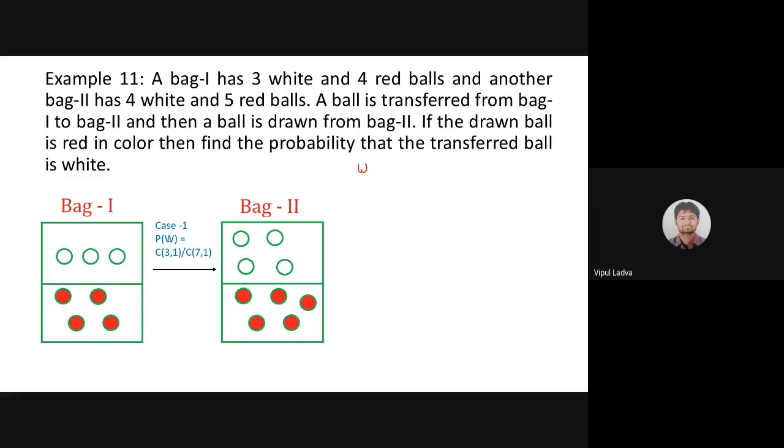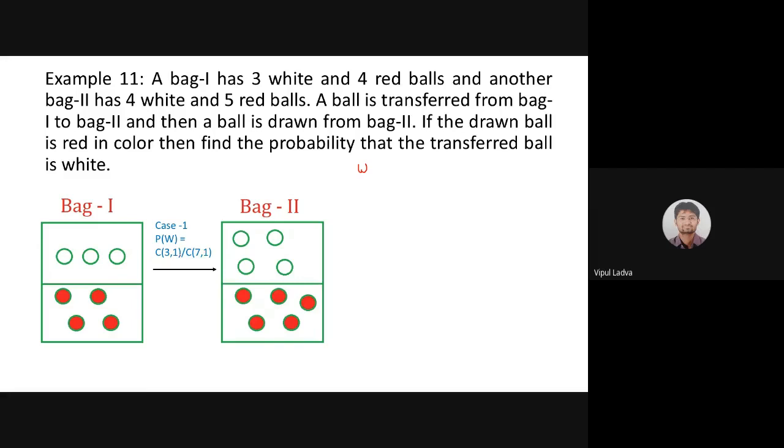Now, I need to find that probability. The probability that W is going to occur. Now, in this particular bag 1, we are having a total of 7 balls and 3 balls are of white color.